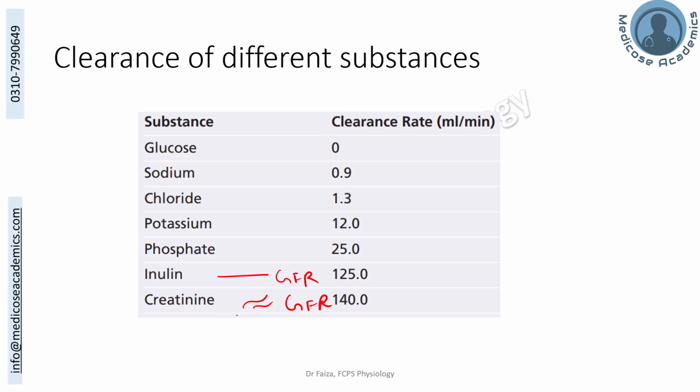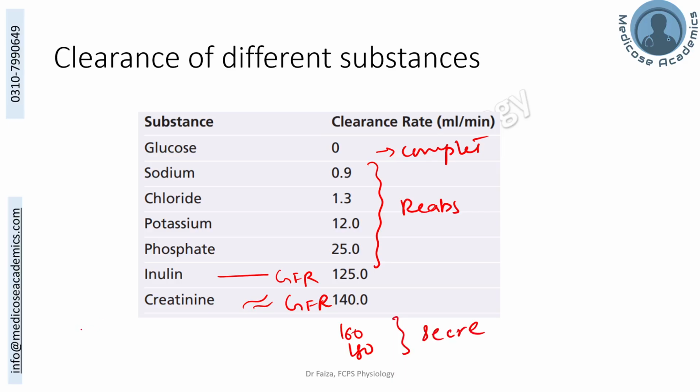The clearance of these other substances is a little less than the GFR, so they are reabsorbed to some extent. Glucose is completely reabsorbed. And if the clearance of a substance is even more than creatinine, let's say 160, 180, this was secreted on its way. For example, para-aminohippuric acid.